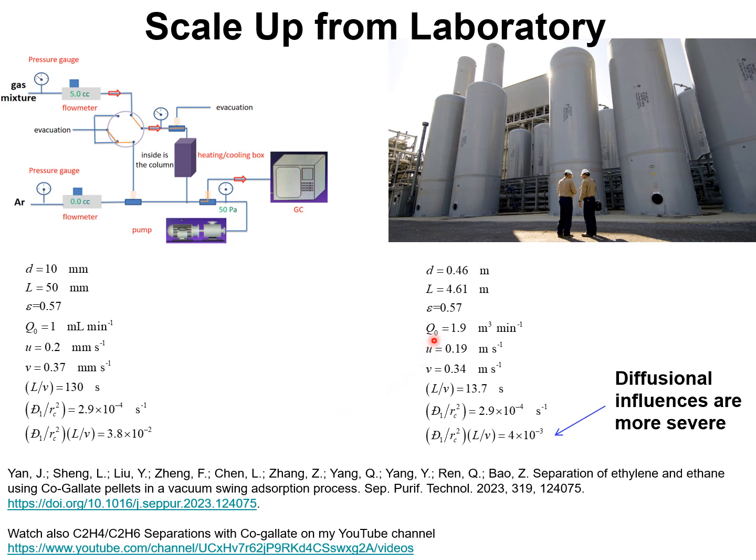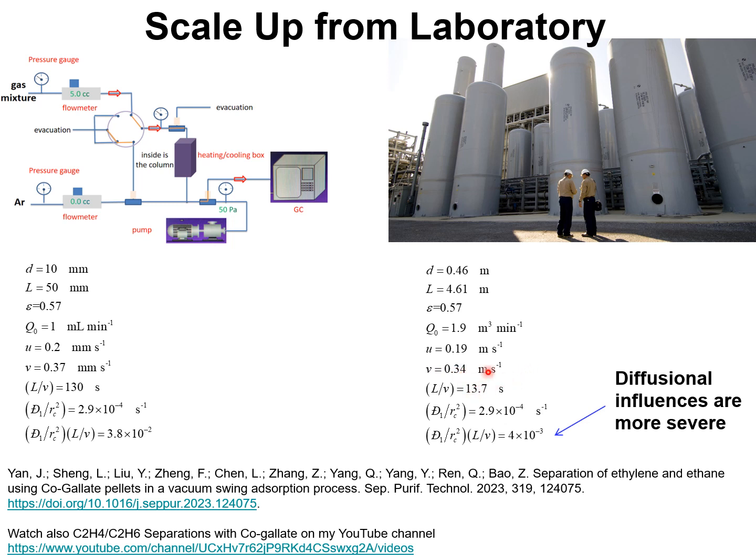The flow rate of the gas mixture entering the fixed bed adsorber is 1.9 cubic meters per minute compared to 1 milliliters per minute in the laboratory scale. The superficial gas velocity of the mixture entering the column is 0.19 meters per second, and the interstitial gas velocity is 0.34 meters per second.